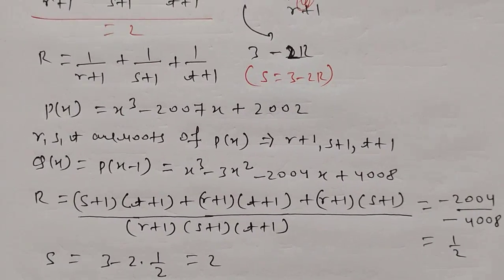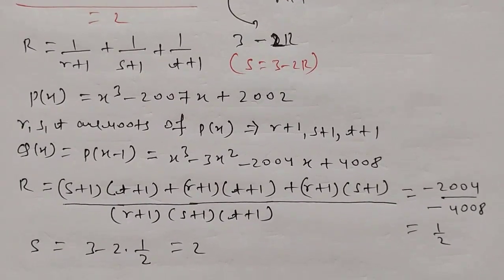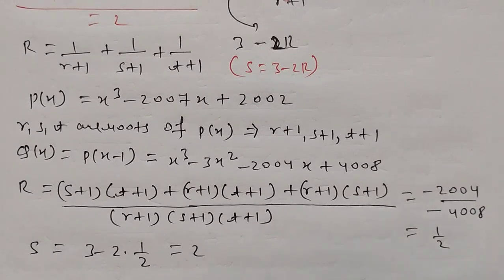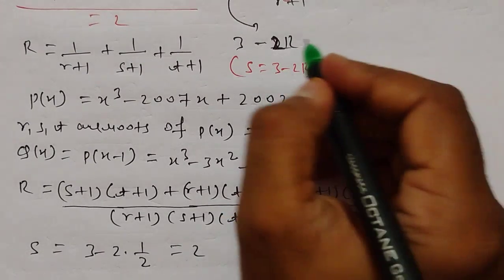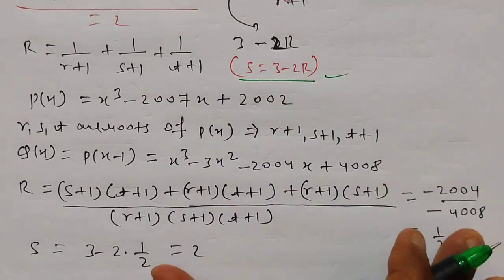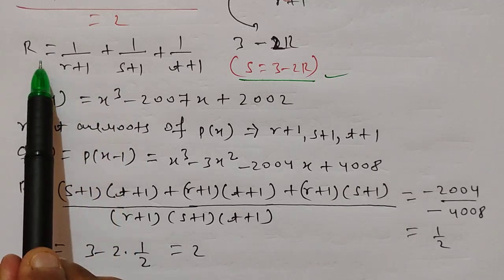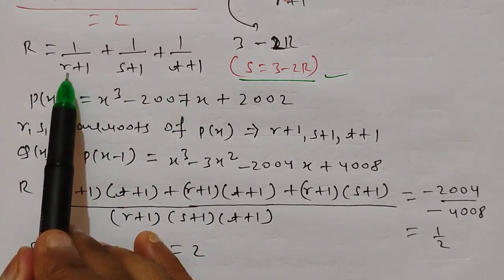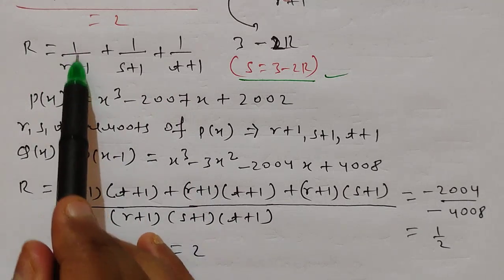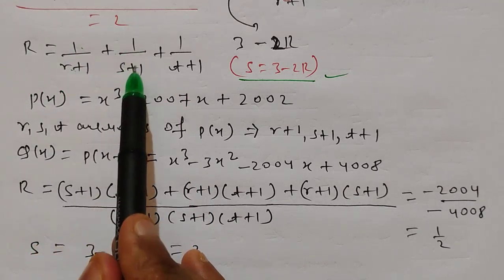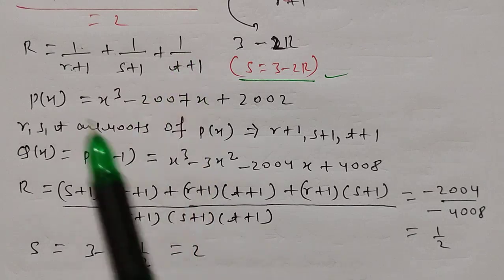The important point to note is that the operation 3 minus 2 times the sum is done just for the arrangement of the value 1/(r plus 1) plus 1/(s plus 1) plus 1/(t plus 1).